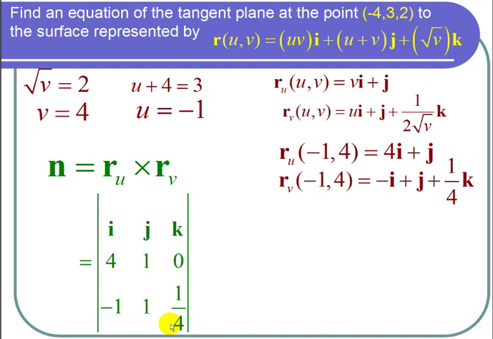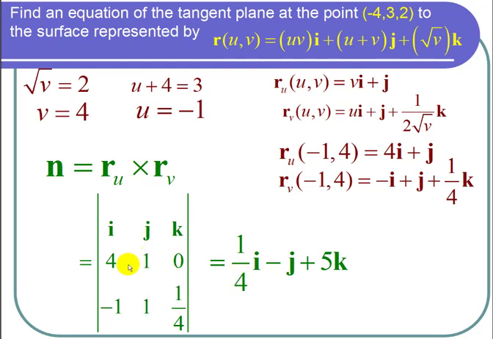And I take the cross product, and I got 1/4 i, and then minus 4 times a fourth is 1, so minus 1j, and then plus 4 minus -1 is 5, so plus 5k. So there's my normal vector.